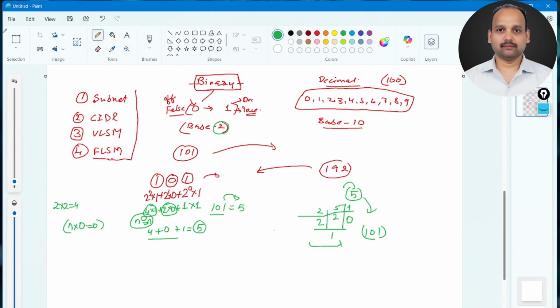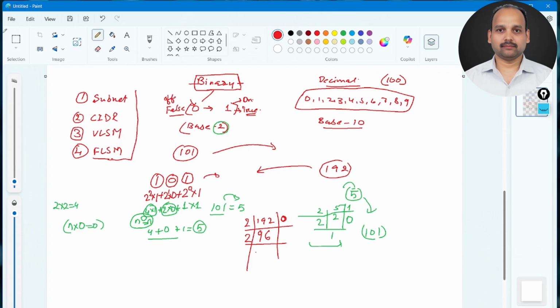You have to practice this a lot, how we convert binary to decimal and decimal to binary. I am also giving you one more example. About 192, if I want to convert 192 and know its binary value, I will start from 2. 2 nines are 18 and 1, 16, and the remainder will be 0.